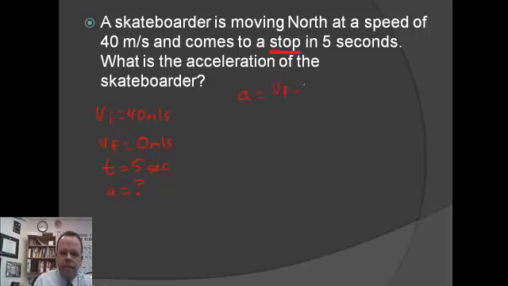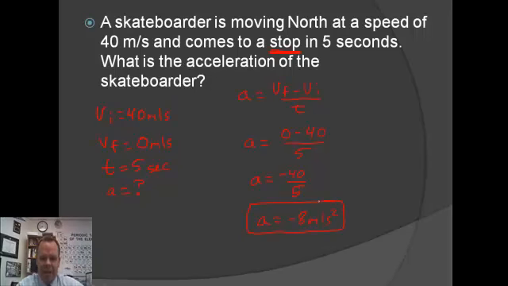Acceleration equals v final minus v initial over t. So acceleration equals 0 minus 40 over 5. So our acceleration is negative 40 divided by 5, which is negative 8 meters per second squared.